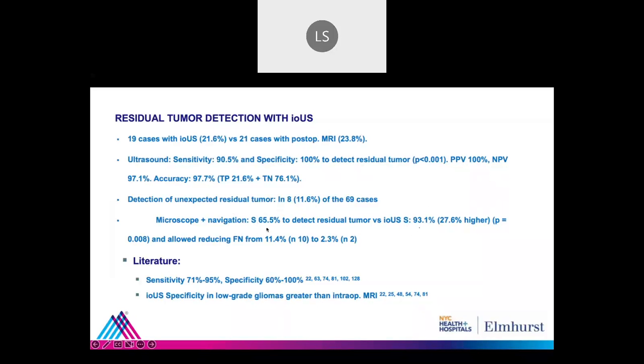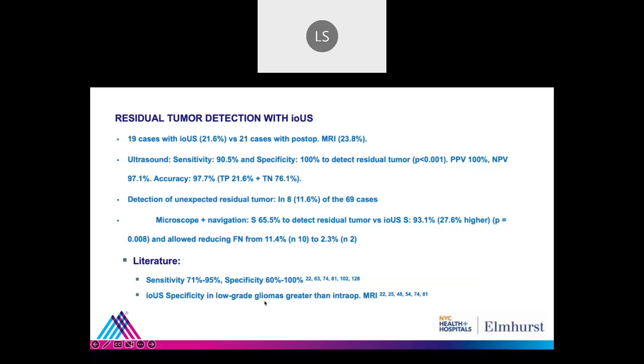If you look at the literature, the sensitivity for the ultrasound to detect residual tumor goes from 71 to 95%, depending on the studies, and the specificity from 60 to 100%. Pretty much all the studies say that, in low-grade gliomas, well, this is tricky.